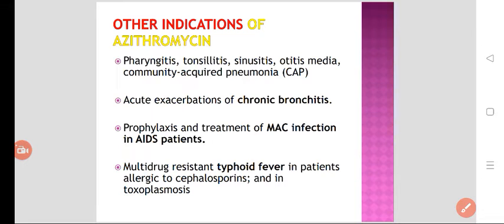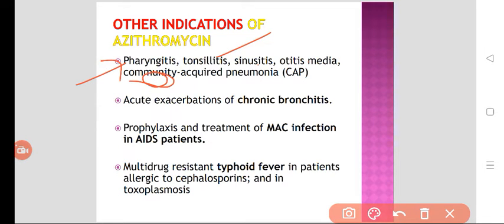Now, what are the other indications? You can give azithromycin in pharyngitis, tonsillitis, sinusitis, otitis media, community acquired pneumonia, acute exacerbation of chronic bronchitis, prophylaxis and treatment of MAC infection in AIDS patients, multi-drug resistant typhoid fever in patients allergic to cephalosporins, and toxoplasmosis.